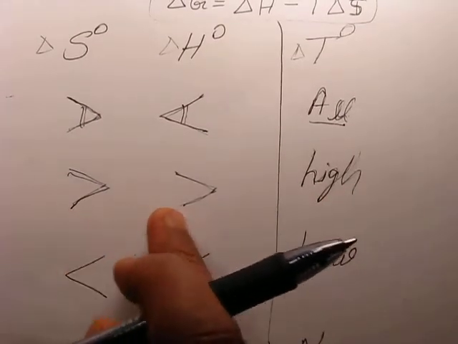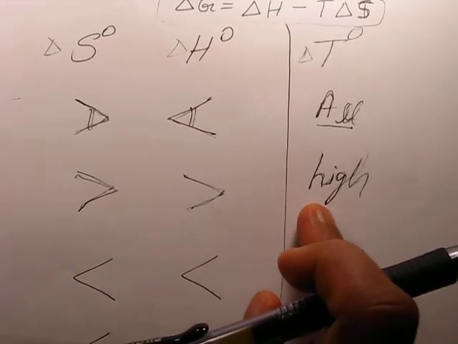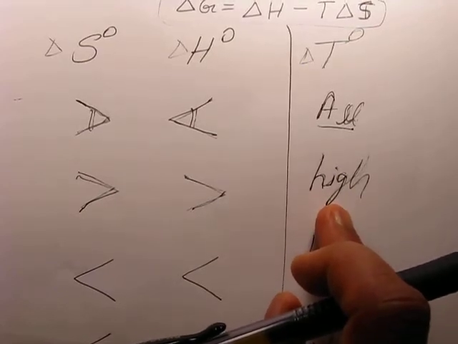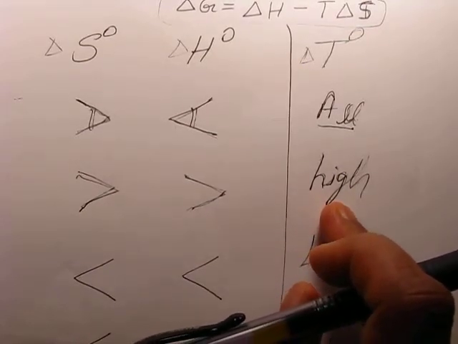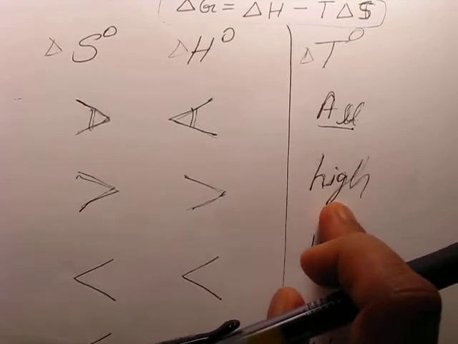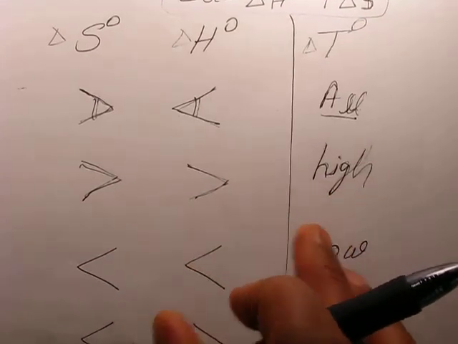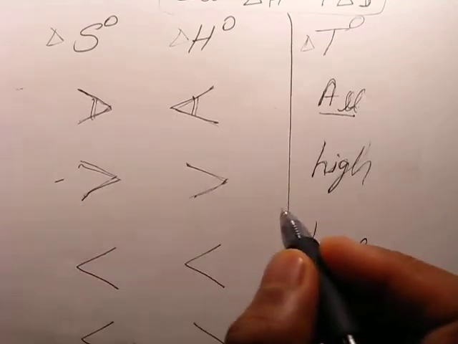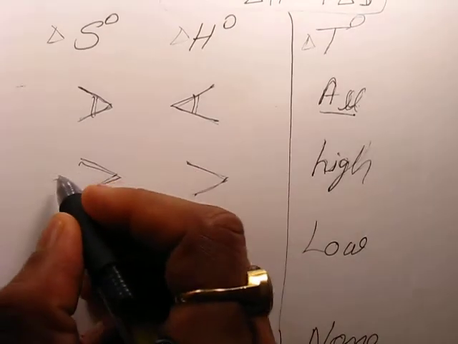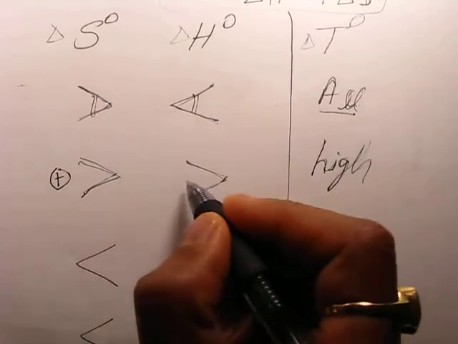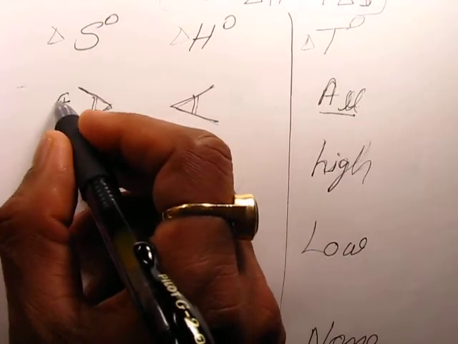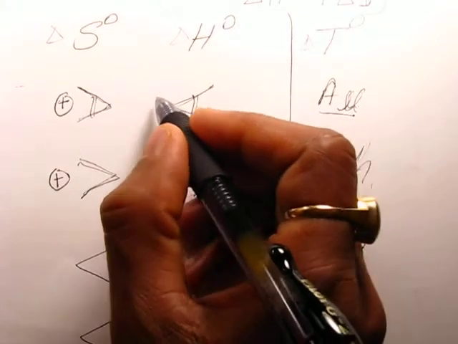If both are high, then delta G will be negative only at high temperature. So basically it means they are positive and positive, right? So this side will be positive, this side will also be positive, and this is negative.